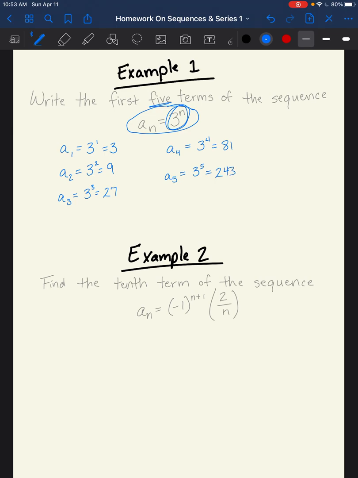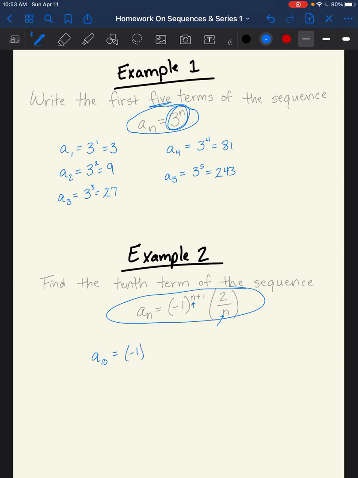Now, the wonderful thing about explicit definitions is if I just want to know what a specific term is, all I have to do is plug that number into the definition there. Just like in the next question where it says find the 10th term of the sequence. Well, I've got my explicit definition here. If I want to find the 10th term, which is A sub 10, then all I have to do is plug in a 10 every time I see an n.